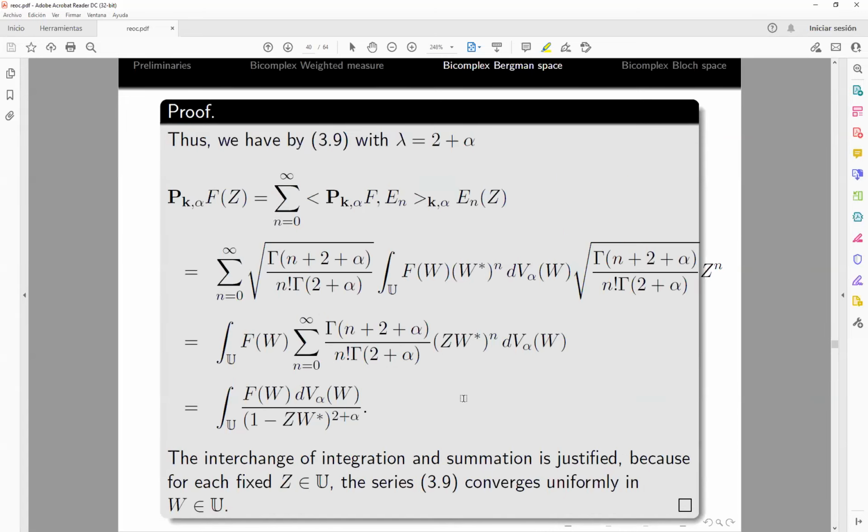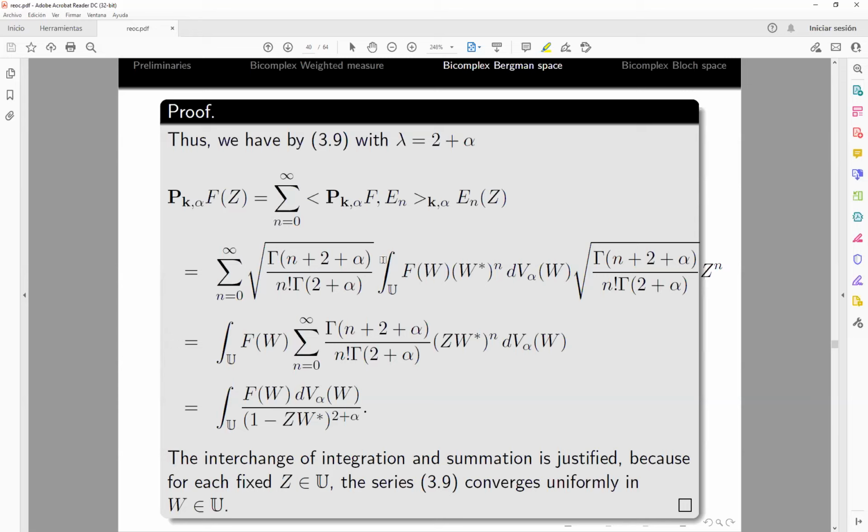And now we go to our series expansion in terms of the orthonormal basis. Now we can change this inner product. We substitute the value of our monomial, and now we interchange, because the summation is quite justified.